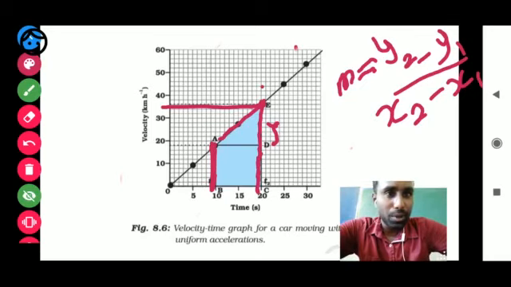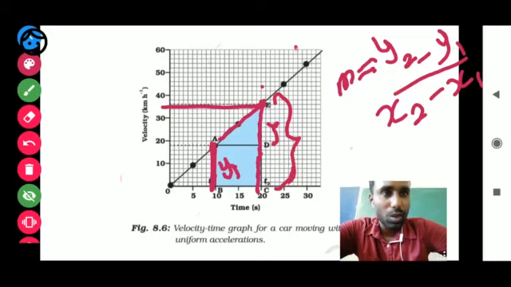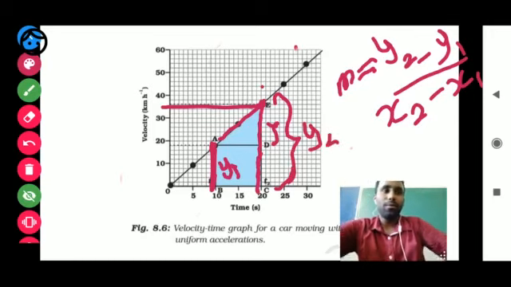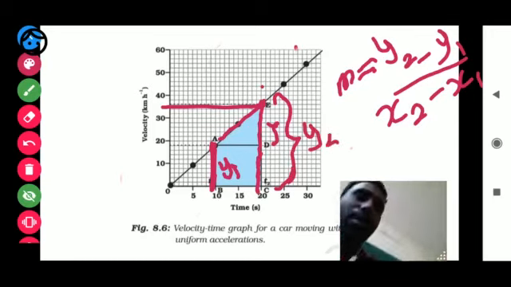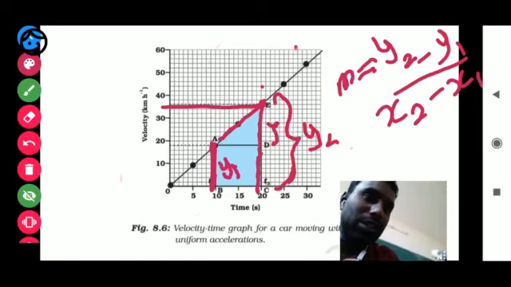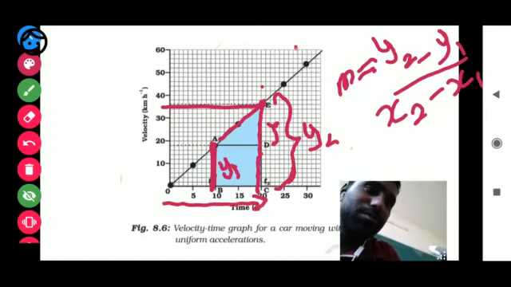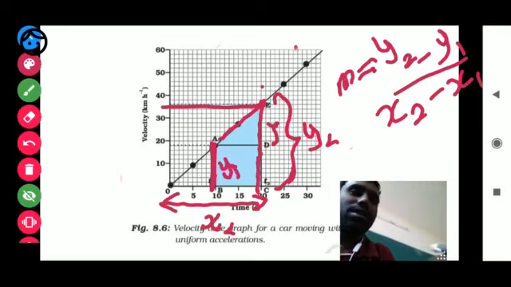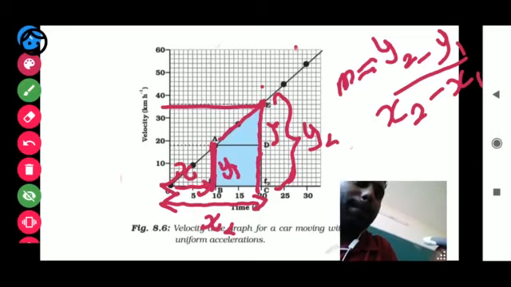From here to here I will mention y1, and here to here totally I mention y2. From here to here I mention x2, and here x1.